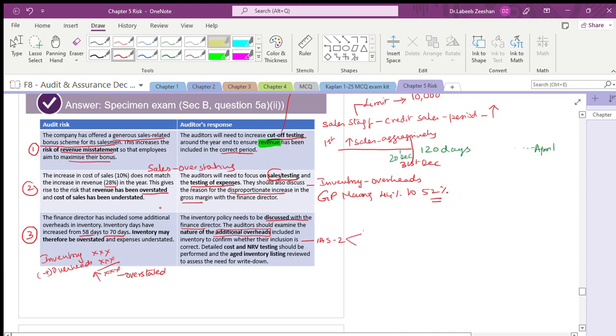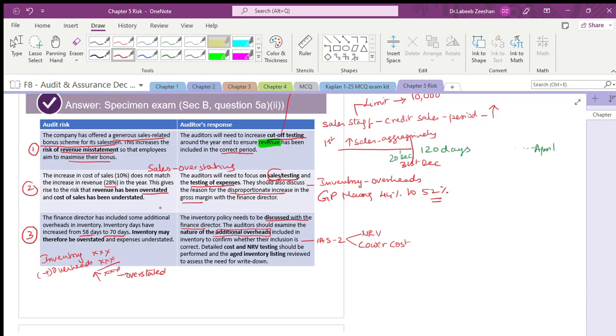There are two methods, net realizable value and lower of cost. You have to discuss with the management which method you have used, why you have added to inventory. Detail your response. This is your question to the management, as simple as that. That is what the audit response says.